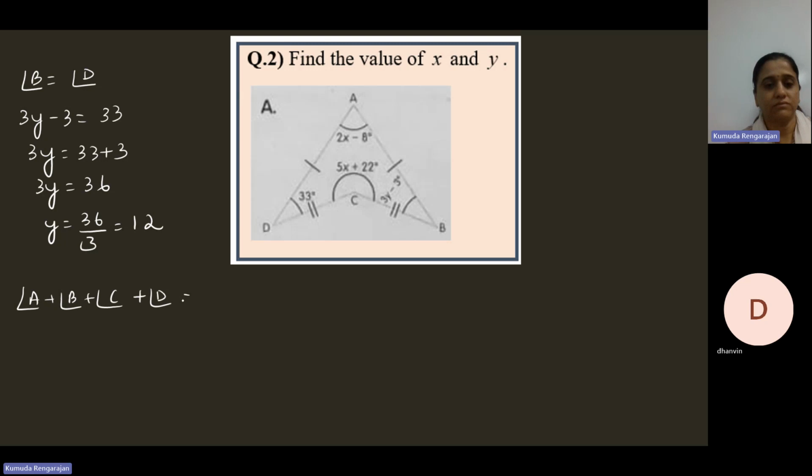No, these two sides are equal. You cannot assume that these two angles are equal.